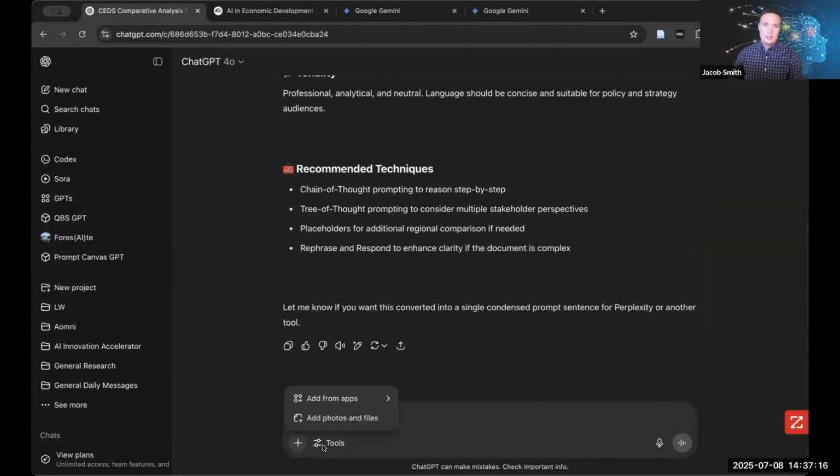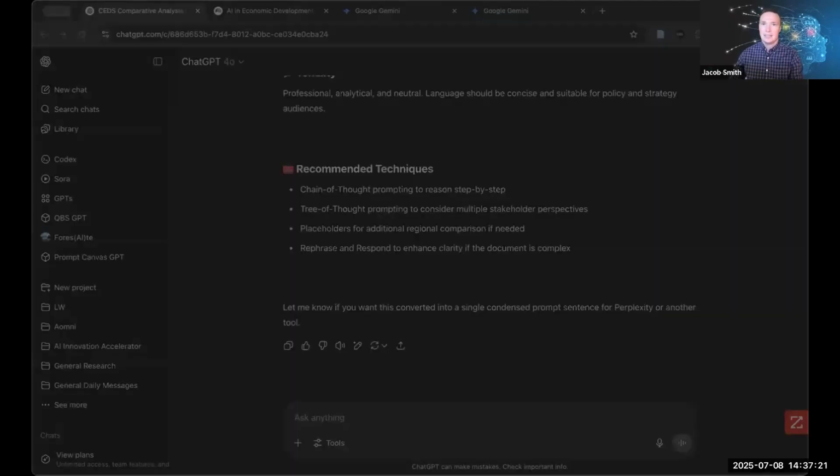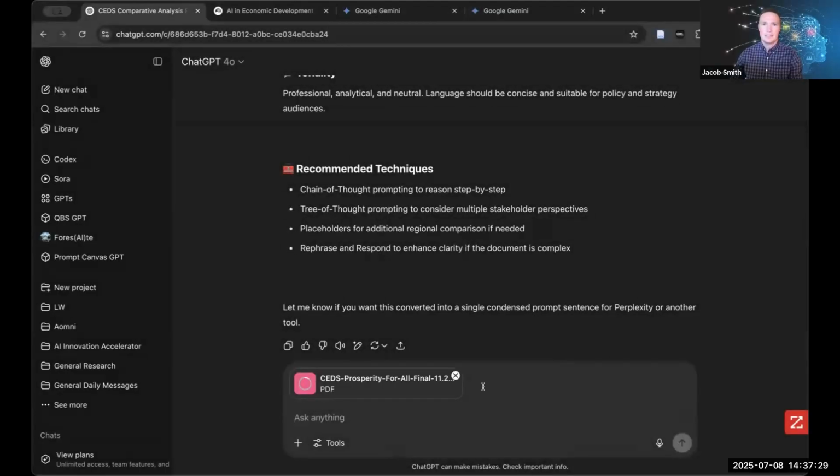So if I now just take, let's see if I can quickly identify this. We'll see if this is it. I will say run this prompt on this document.